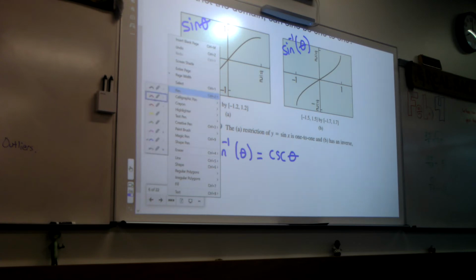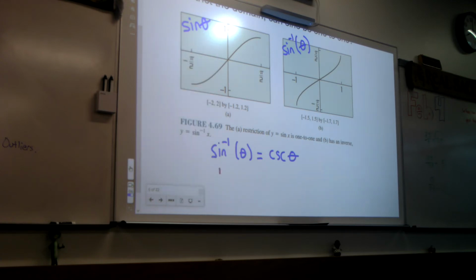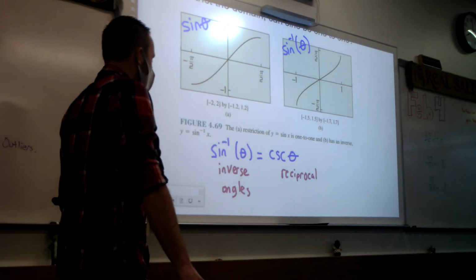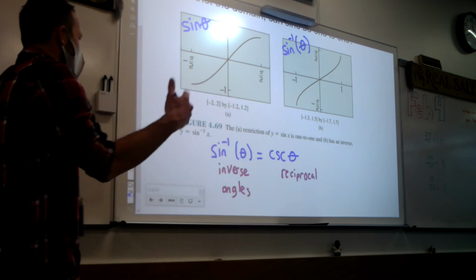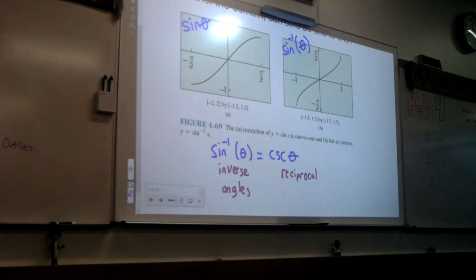So just remember that if we're doing sine to the negative 1, this is inverse, and we use this to find missing angles. Whereas cosecant, this is reciprocal. And I don't know if I spelled that right, but it's okay, because we're a math class. I'd still like you to spell correctly, but I'm lenient there, okay?